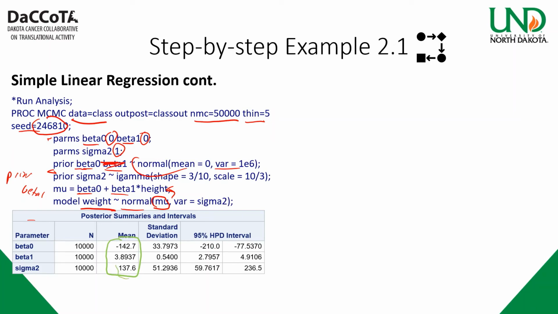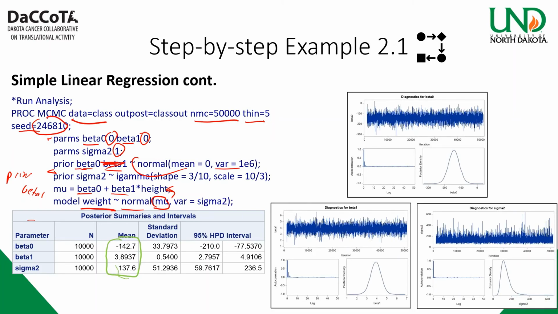And here are the diagnostic plots. We can see all the trace plots looking good, autocorrelation plots looking good, and this again gives us our probability density functions. Should be very similar. You can essentially reconstruct this using the mean and these intervals. Like for example, our beta 0, again that's our intercept, is about -142 here, and we can see that that's true.